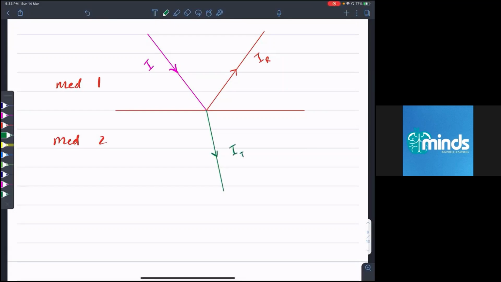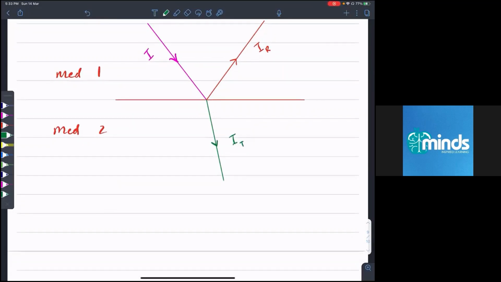This is I T. So if I apply the law of conservation of energy, can I say the incident beam is equal to reflected plus transmitted? Are you getting it? Yes, sir. I thought you were unable to hear me. So I is equal to I R plus I T.